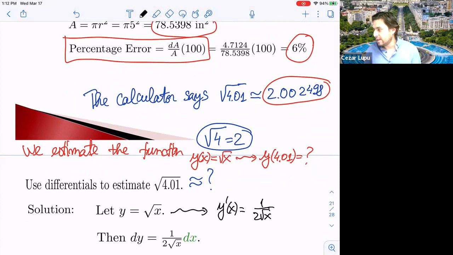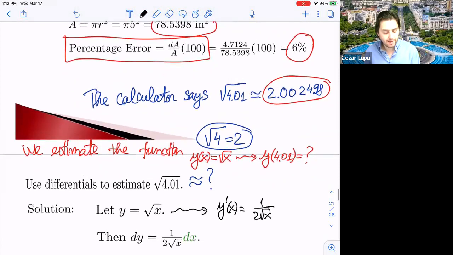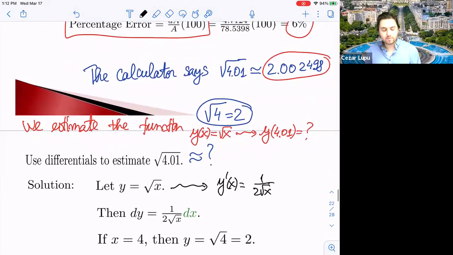But now let's see. Here comes the thing. So dy is this guy. And now, just like we said, if x is 4, then y is the square root of 4, and the square root of 4 is 2.